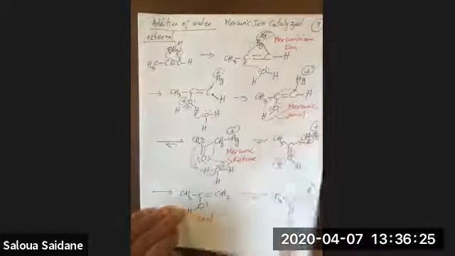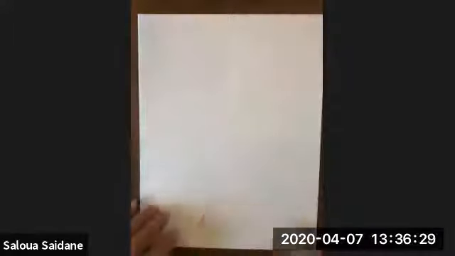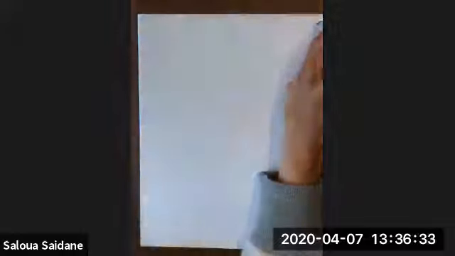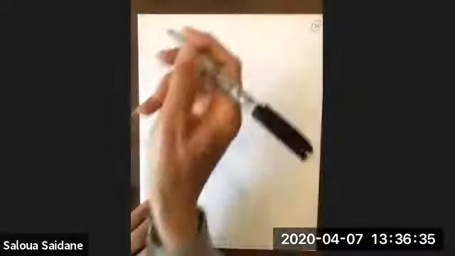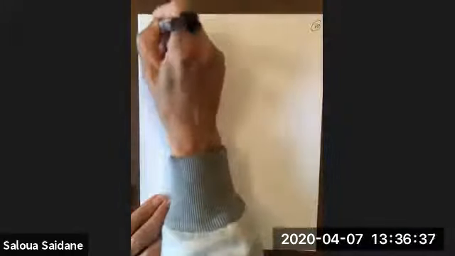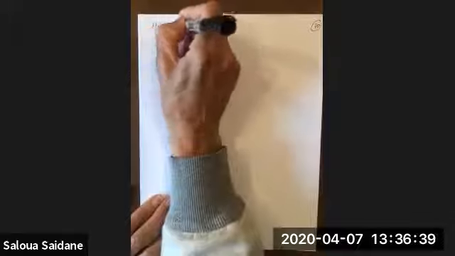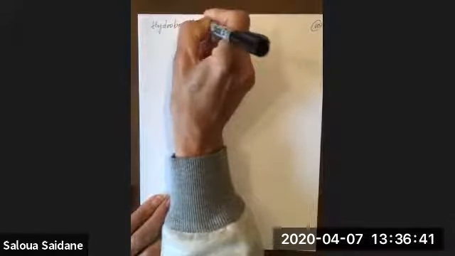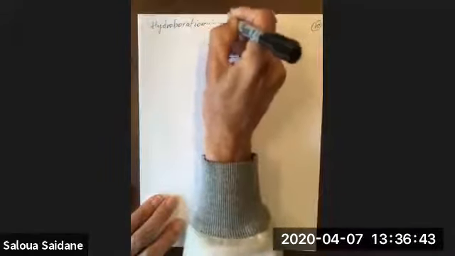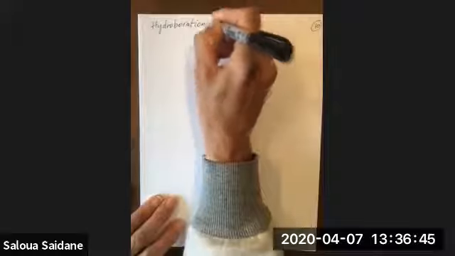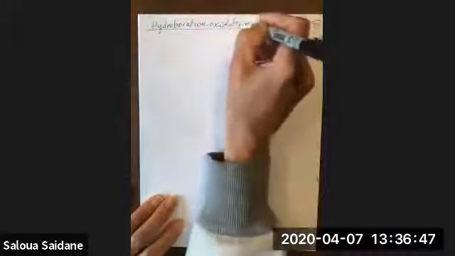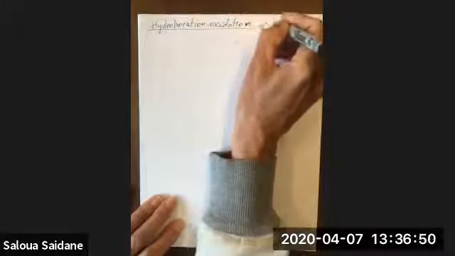So what if we add hydroboration oxidation? So this is page 10. So this is hydroboration oxidation on alkenes, on alkyne.